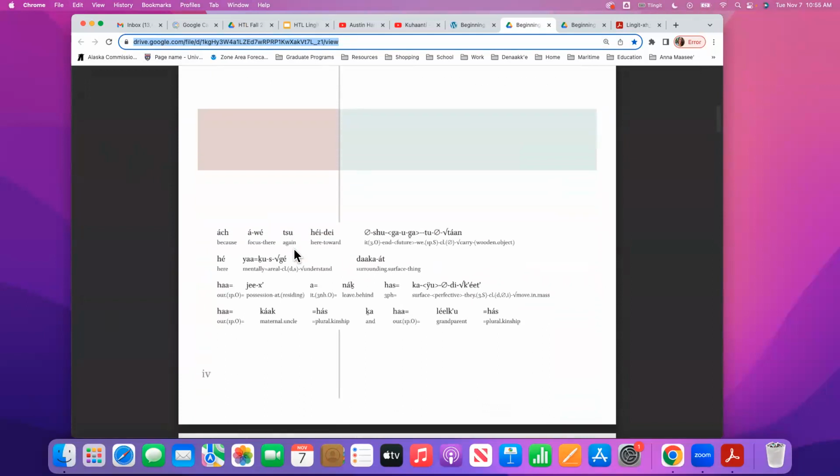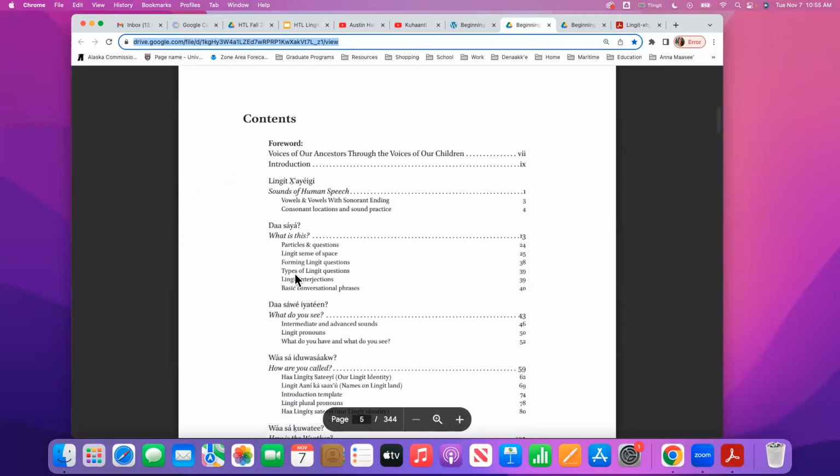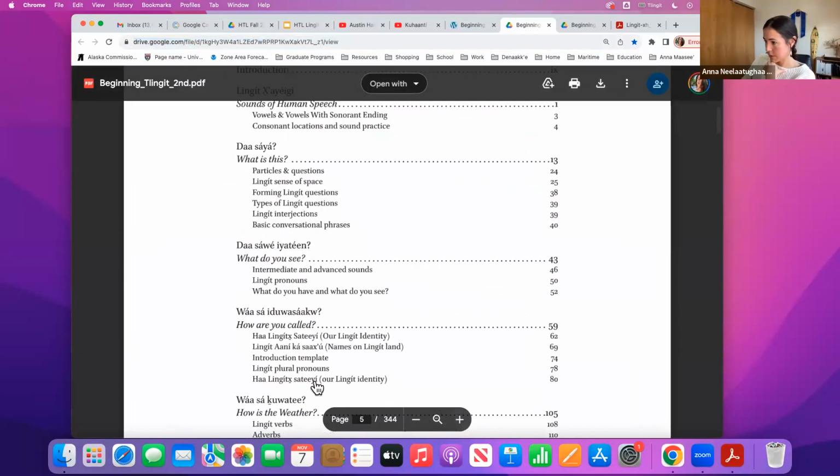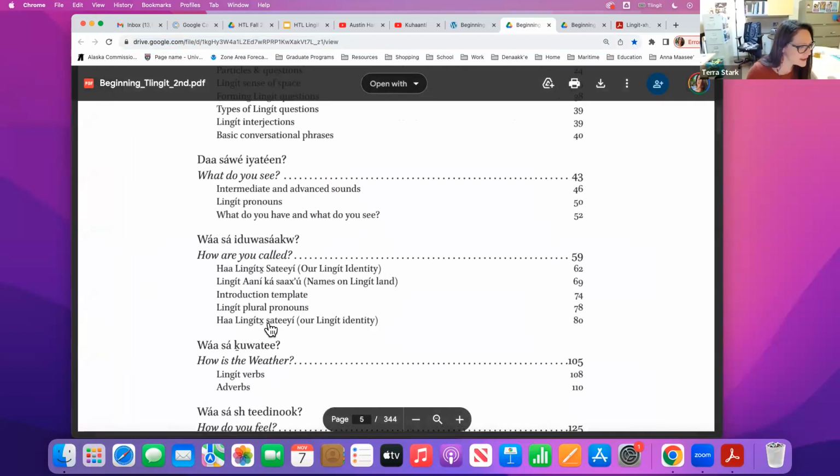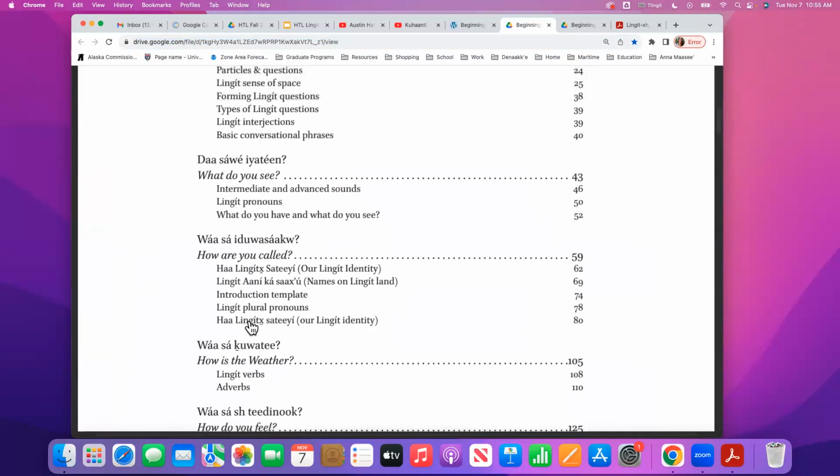In the link she first shared, it's on page 81. If you zoom into the table of contents under the chapter called Wasá Duwasáakw, which means how are you called? It's just a matter of it being numbered differently. I apologize.